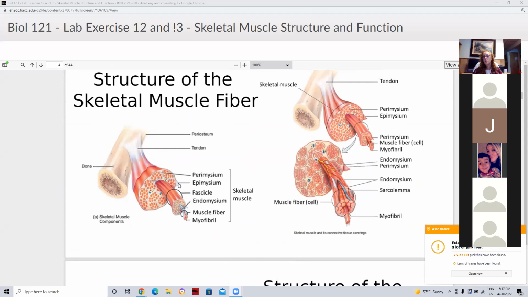The epimysium wrapping around the outer edge and can be continuous with the outer tendon. Endomysium wrapping around each muscle fiber, which is a bundle of myofibrils.